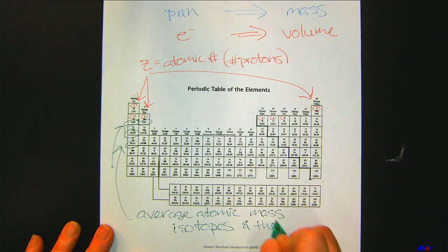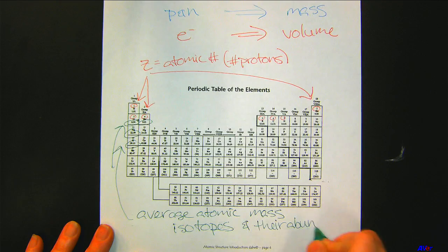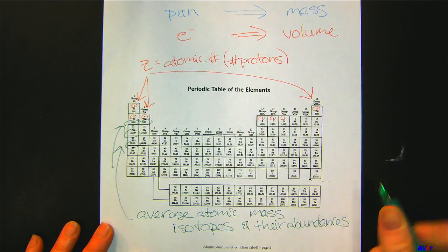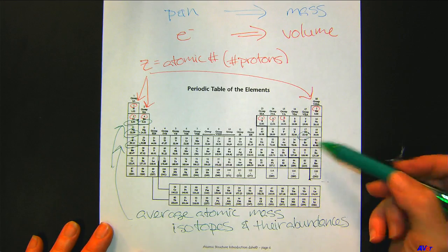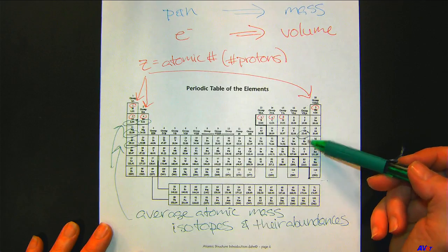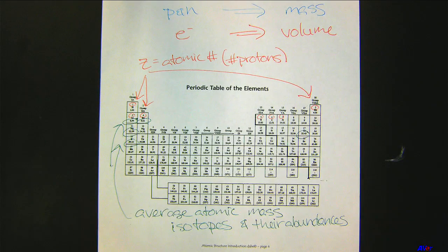The isotopes and their abundances are what we use to calculate these average atomic masses. We'll look at that in a future video. But for now, we just want to get our bearings and get introduced to the periodic table and start to recognize all the different types of information that it communicates with us.